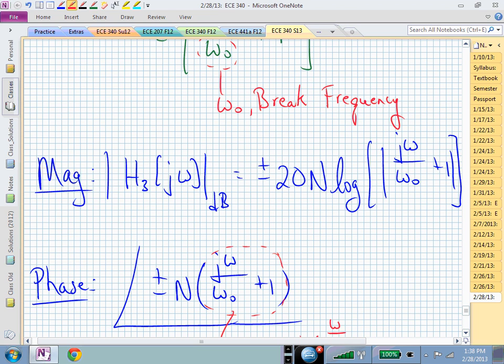What's the angle of 1 plus J1? 45 degrees. If it's a pole, then we're at minus 45 degrees. We're halfway between where we started, 0, and where we're going to end, minus 90. That's at the sweet spot. At the sweet spot, we're at a 3 dB frequency, or location, and we're at a phase of plus or minus 45 degrees, if it's just one factor, 0 or pole.